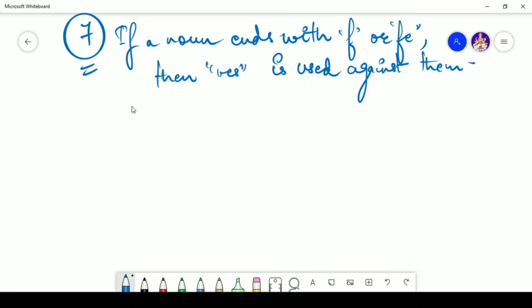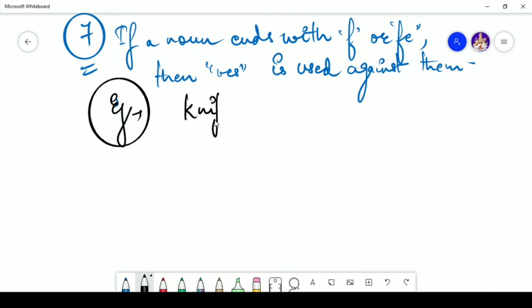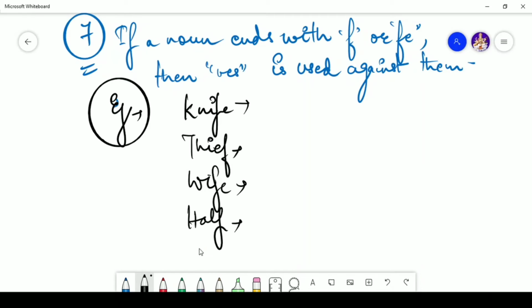Now let's take some examples, like knife, thief, wife, half, calf.